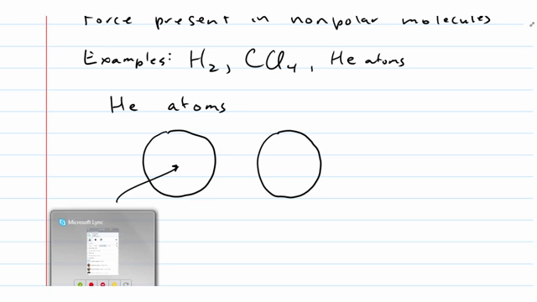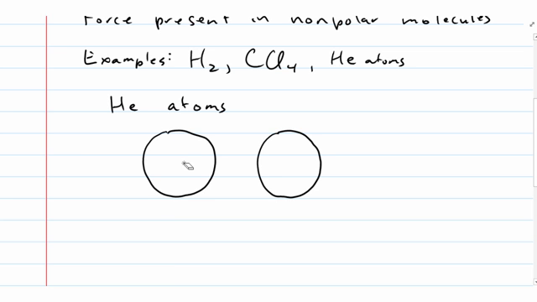How many protons would we find in the nucleus? It'd be 2. I'm just showing 2 positives. And if we had another helium atom, there'd be 2 protons in the nucleus of a neighboring helium atom as well. But then if we start putting in electrons, helium is also going to have 2 electrons.